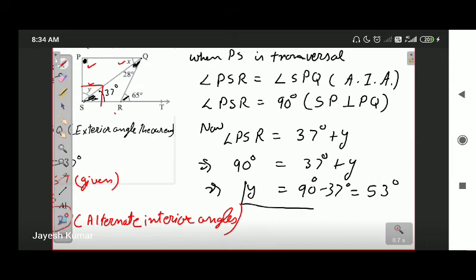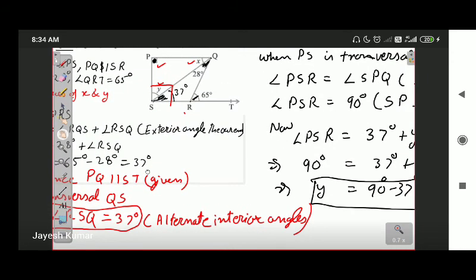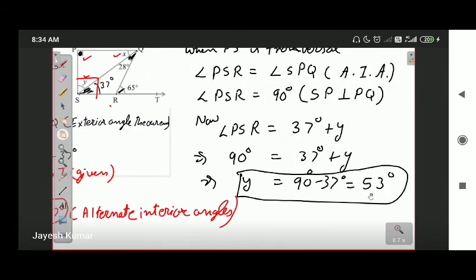So we have successfully determined the value of both X and Y. X was 37 degree and Y is 53 degree.